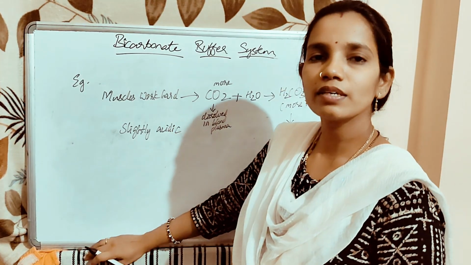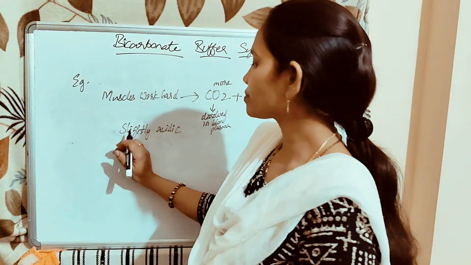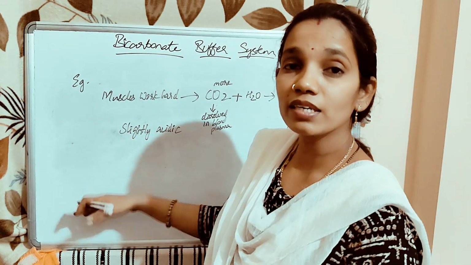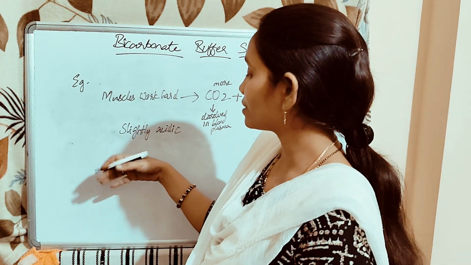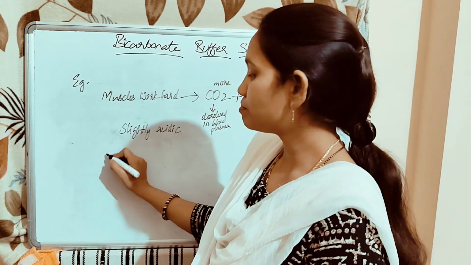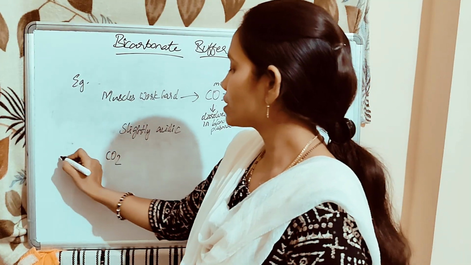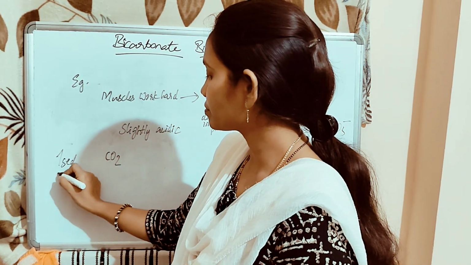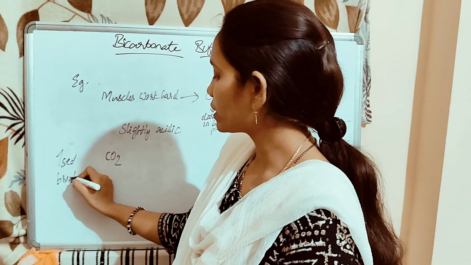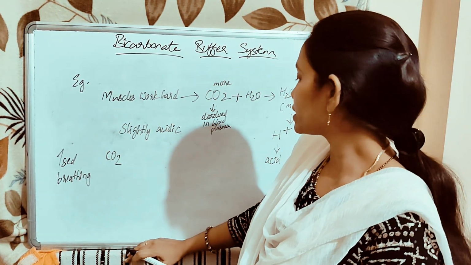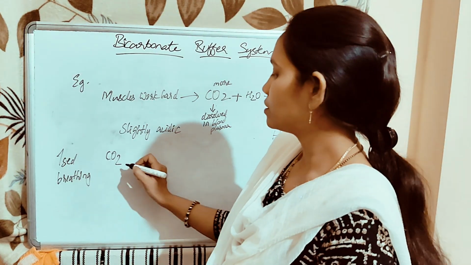Now how do lungs respond? Let's see. First they start breathing excessively, exhaling carbon dioxide, right? Increased breathing. Why is the breathing increased? To remove extra carbon dioxide that is produced in the blood, right?